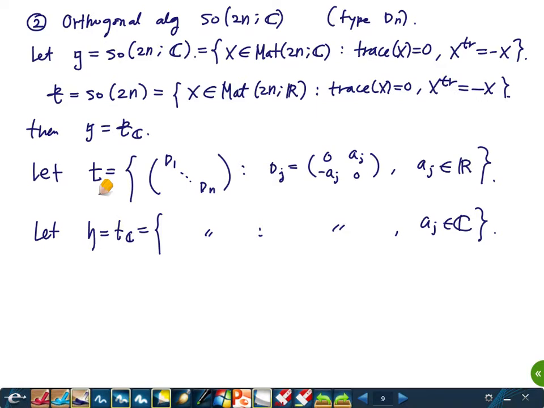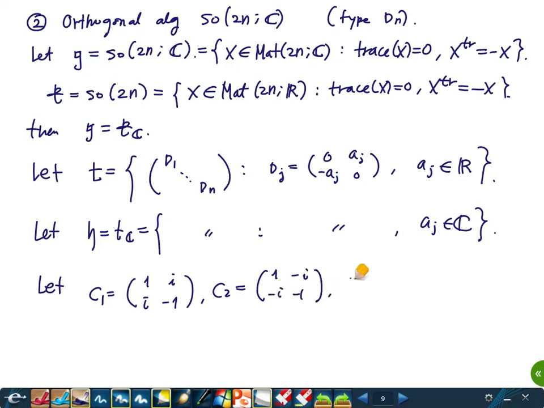And let us consider these basic 2 by 2 matrices: C1, C2, C3, C4, with entries built from 1, minus 1, i and minus i. They form a basis of the 2 by 2 complex matrices.